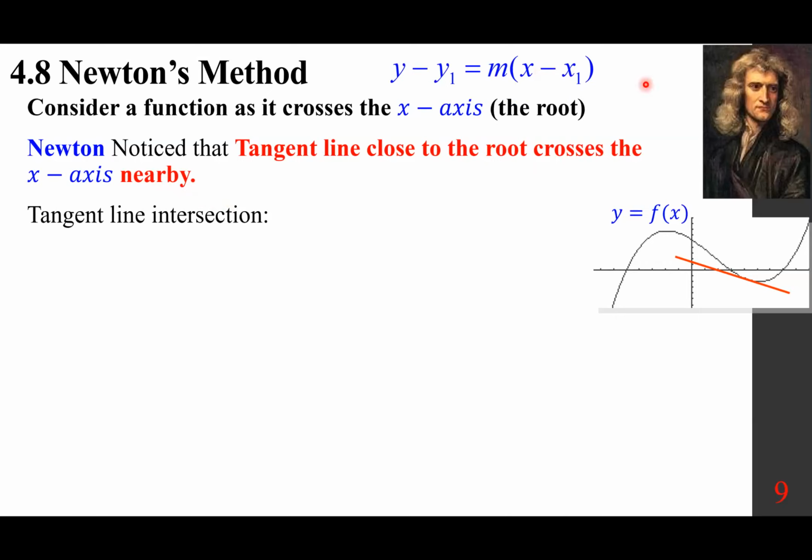We remember the formula, y minus y1 equals m times x minus x sub 1. So at this point, okay, notice that the tangent line crosses the x-axis at this point, which is not the root for the curve, but this is the root or the x-intercept for the red line, which is a tangent line.